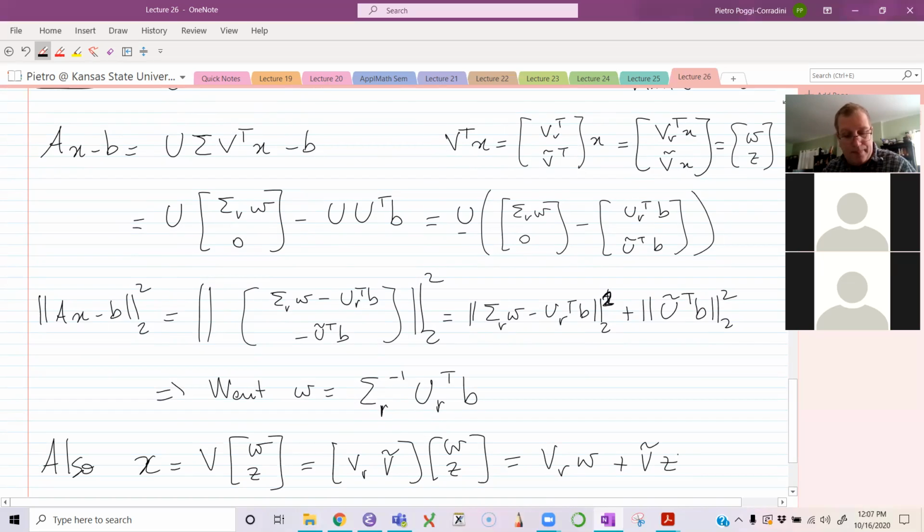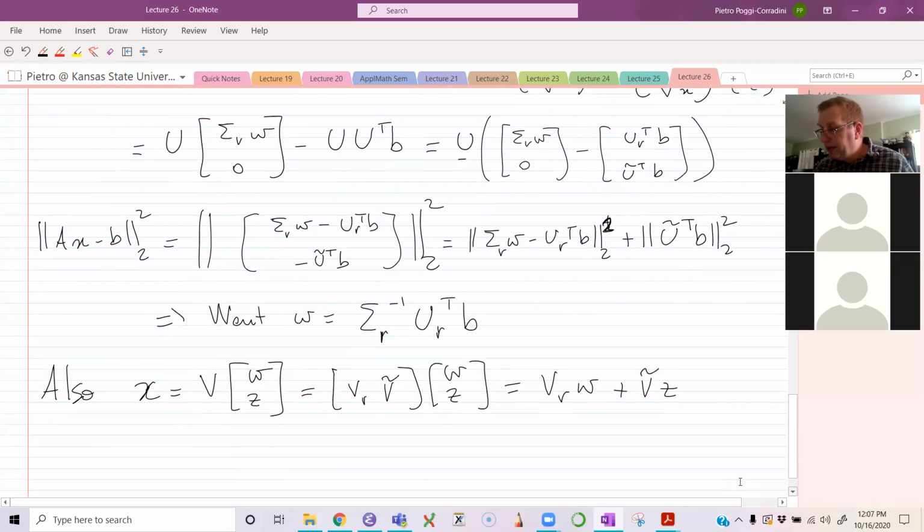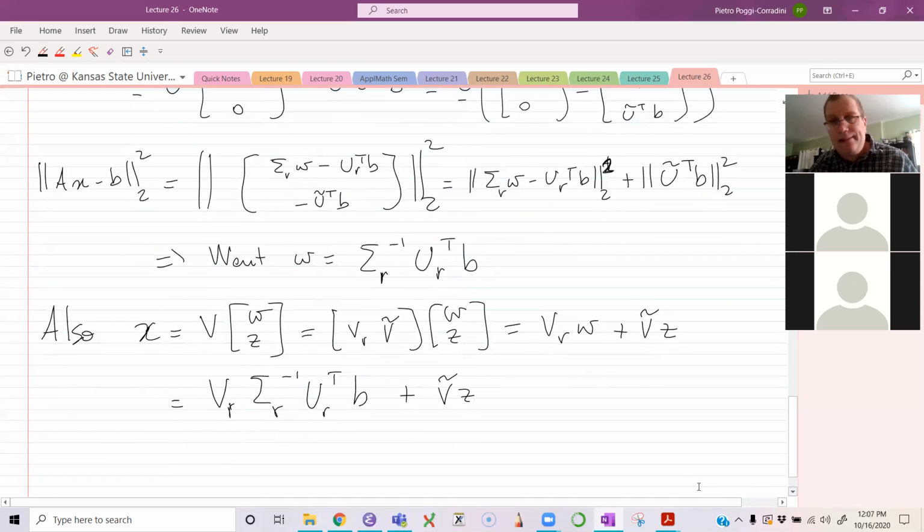It's going to look like that. And W, we know we have an expression for. So by plugging that in, I get V_R sigma_R inverse U_R transpose b plus V tilde Z. So that's the least squares solution.